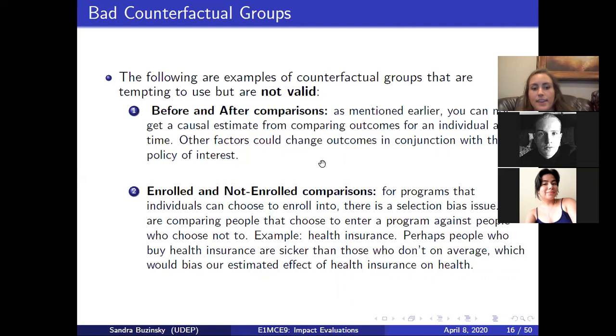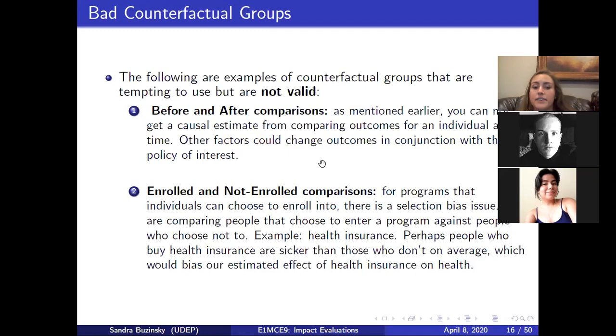Right. And then the second example is enrolled and not enrolled. This is like a classic OLS example, I guess. Think of people who receive treatment versus people who don't in the same moment of time. For example, there's a program that individuals can choose to enroll into. There's a selection bias issue.